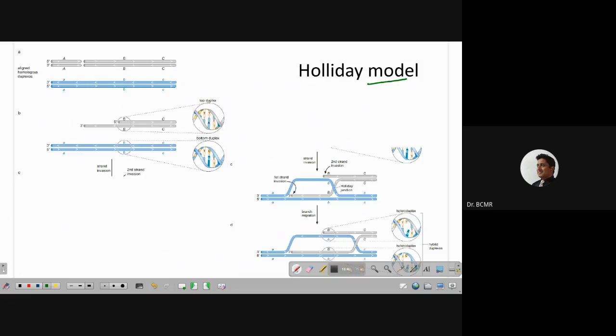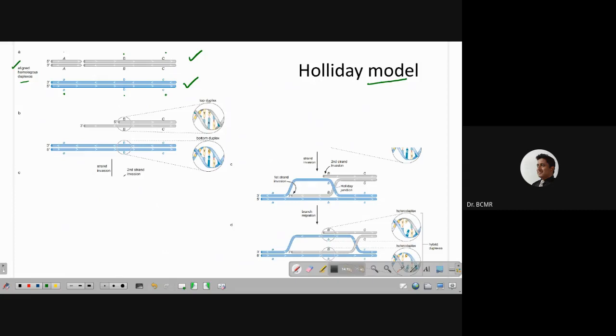Okay, so here are two aligned homologous duplexes. When you say duplexes, it means double-stranded DNA. So here is a DNA molecule, and this is another DNA molecule. They have capital A, capital B, capital C. Those are the genes on, say, this DNA molecule. And in the lower DNA molecule, you have small a, small b, and small c.